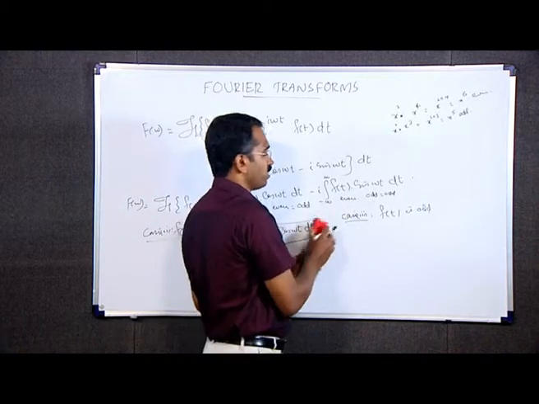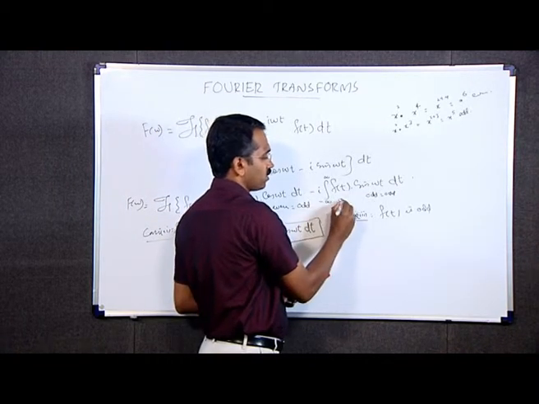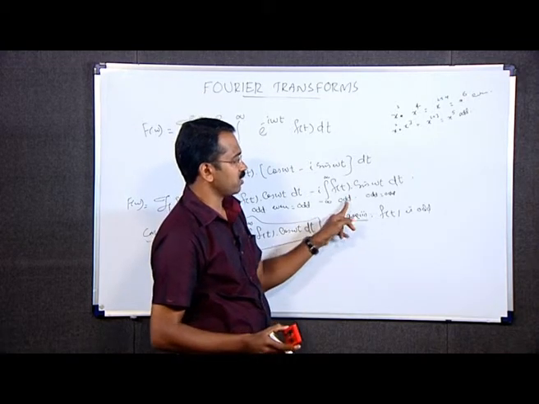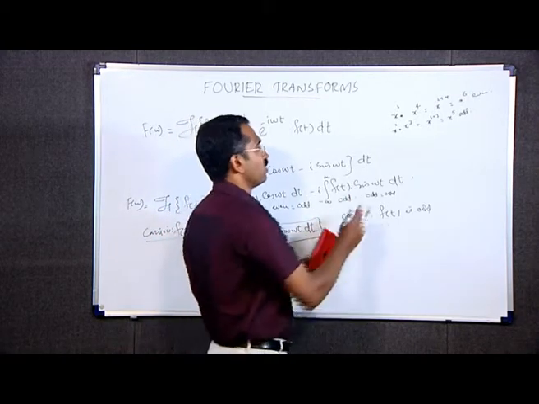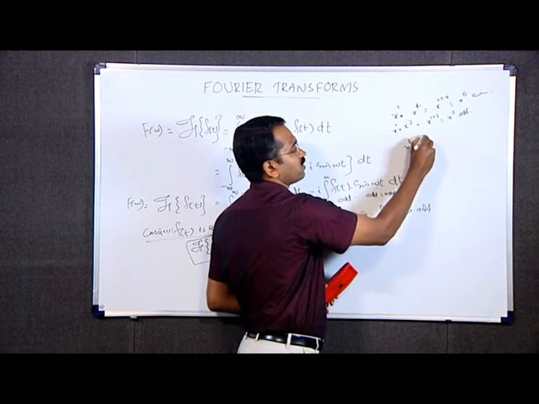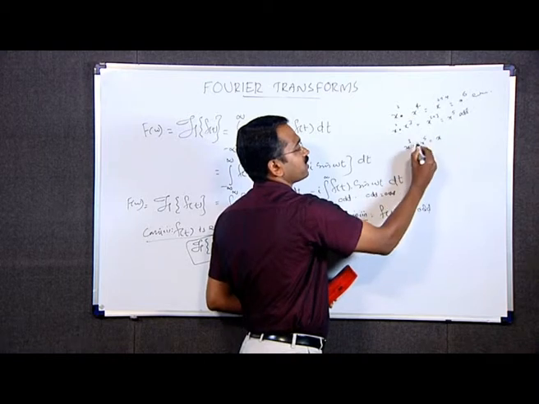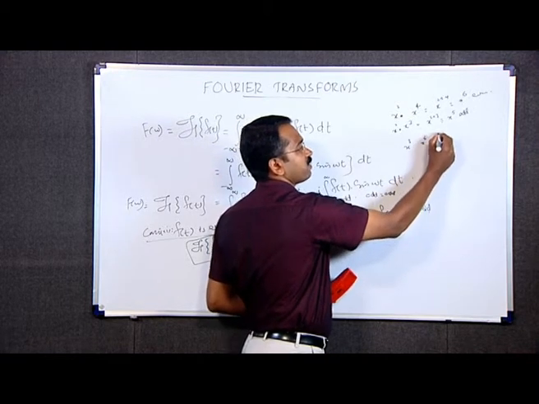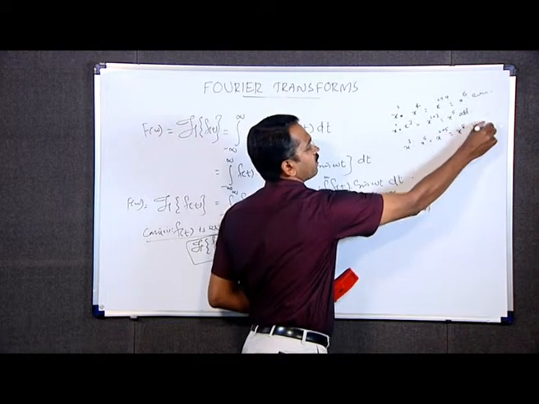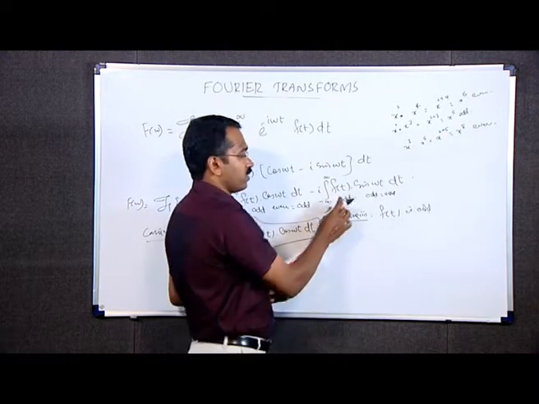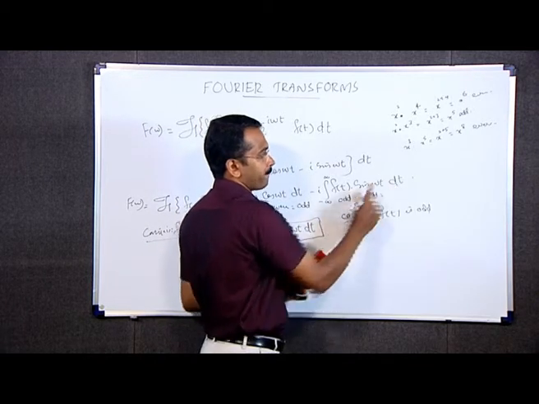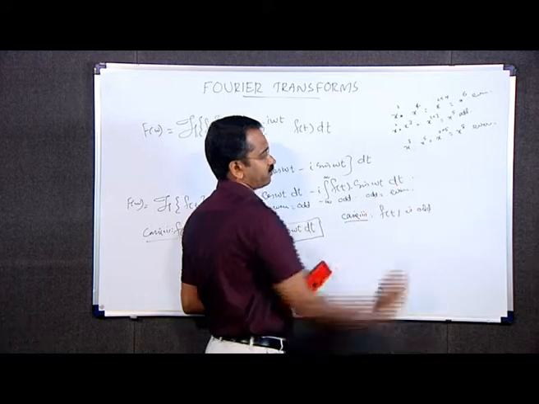In this integral f of t is odd, sin omega t is odd, means an odd function into odd function. For example, x cube is odd, x raised to 5 is odd. The product of x cube and x raised to 5 is x raised to 3 plus 5, that is x raised to 8, which is even. Here an odd function into odd function will become an even function.